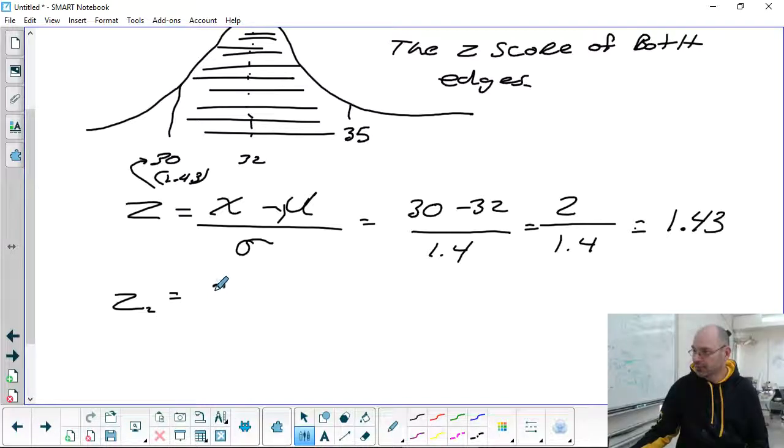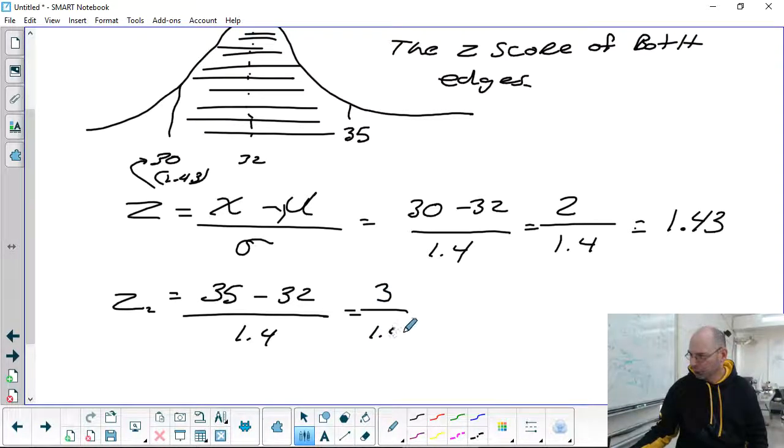That's going to be 35 minus 32 over 1.4, and that's going to equal 3 over 1.4. Oh, sorry, this is negative. What am I doing here? Negative. Hope you caught that. 30 minus 32 is negative 2, not 2. All right, so this is 3 divided by 1.4. So this is 2.14 z-score. And that's positive.